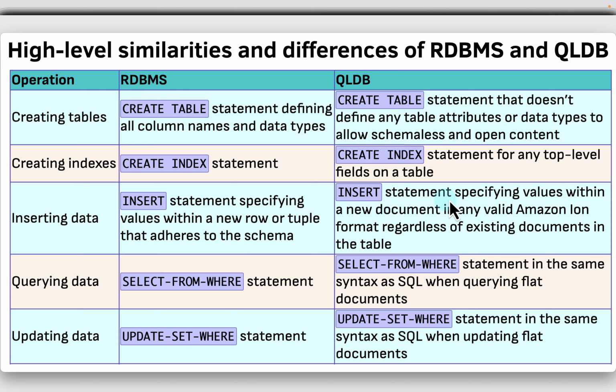But in QLDB, the insert statement specifies values within a new document in any valid Amazon Ion format, regardless of existing documents. So you can have one record which will be 100% different than another record. There will be no schema. One record can have its own schema. The second record or row, which is called an Ion document, can have a completely different schema.